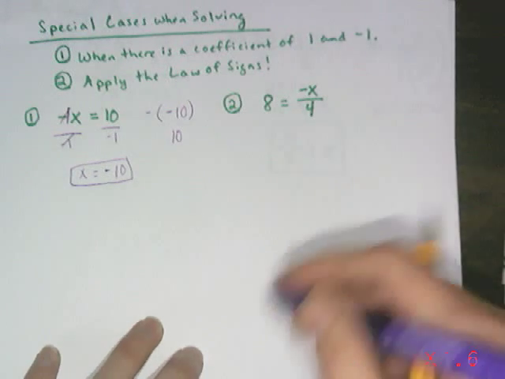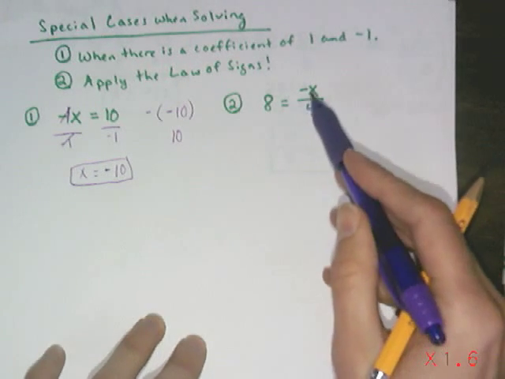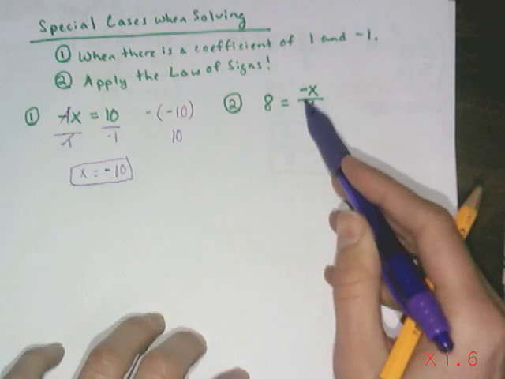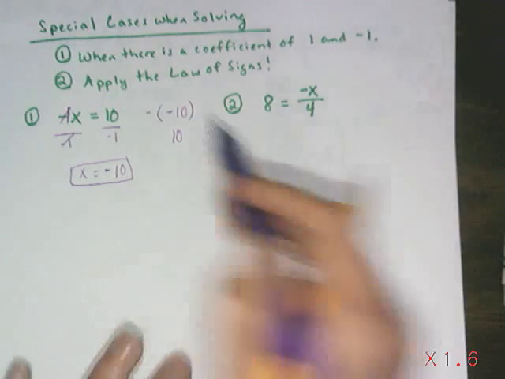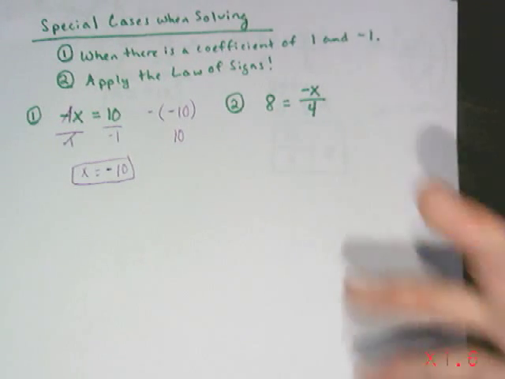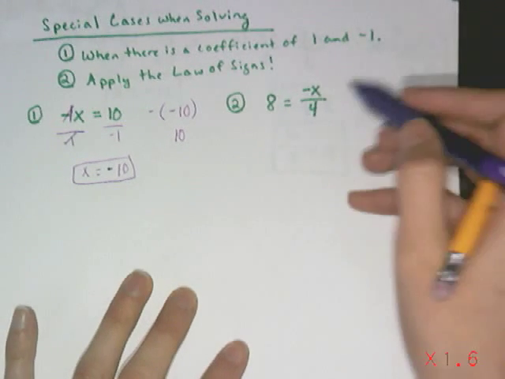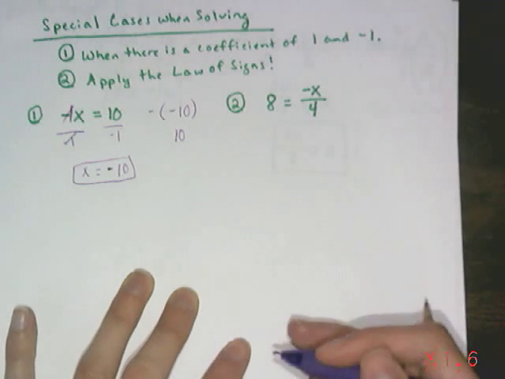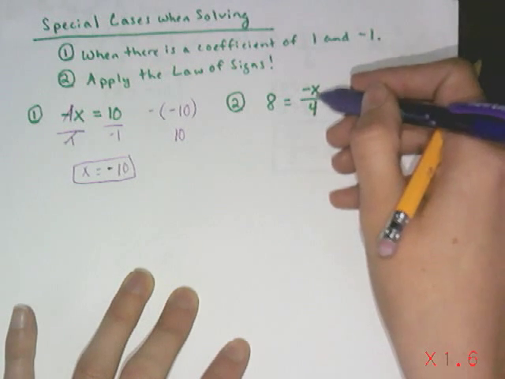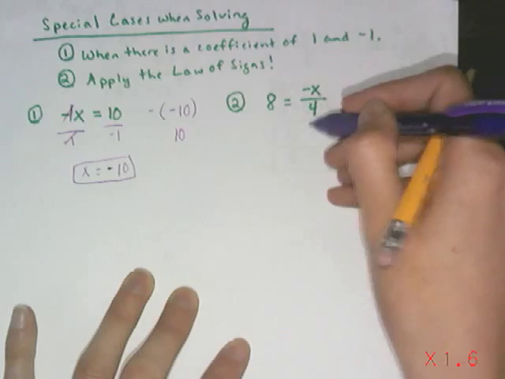The second example is related. I'm not solving for the opposite of x, I'm solving for x. So we know that the law of signs means that I can put my negative anywhere within a fraction and it's equivalent. So why don't we be strategic and put this negative with not the variable? Wherever the variable is, when you have a choice, you send that negative to the bottom.